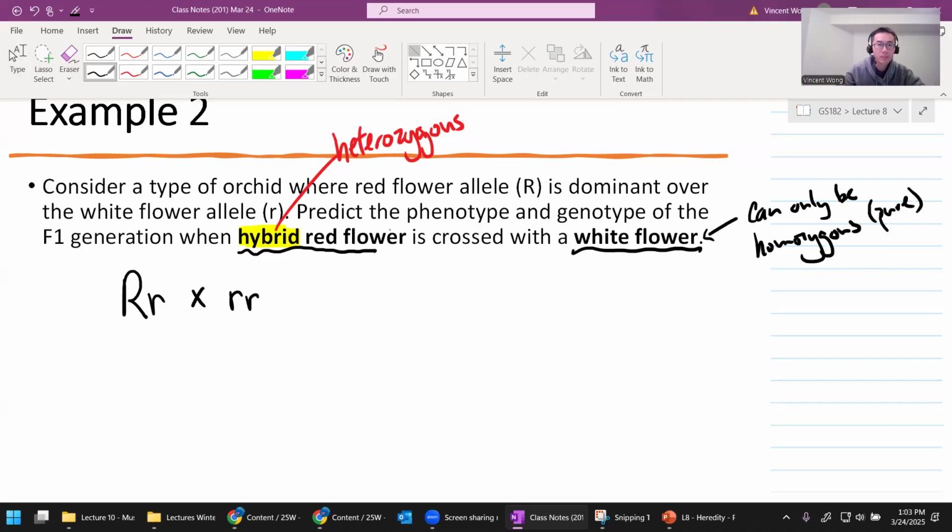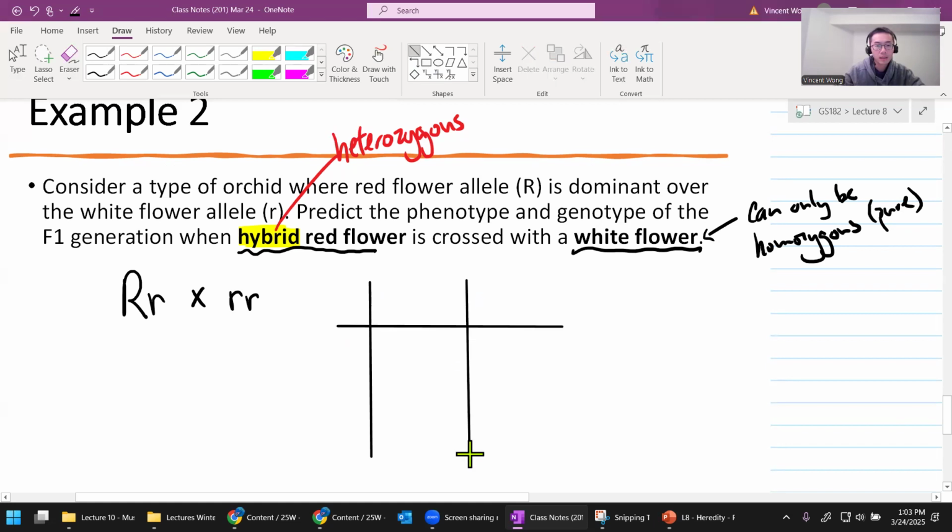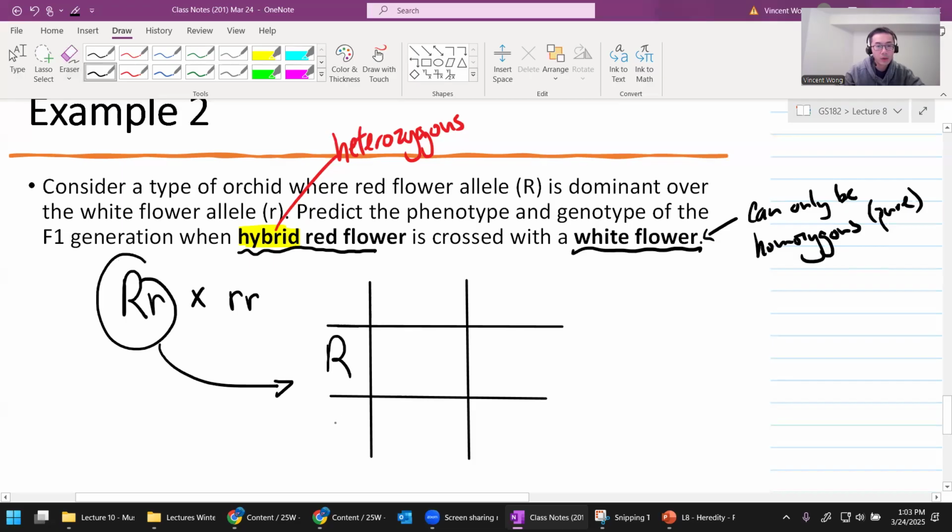So then we're going to do the Punnett square right here. It's like doing tic-tac-toe. It doesn't matter which parent goes on top or on the side. So let's say I put big R, small r here, and then this goes here. Half the gametes will be that, and the other half is the same.